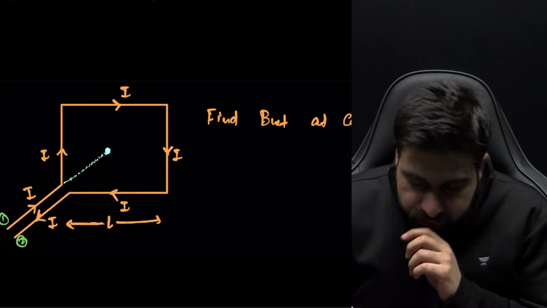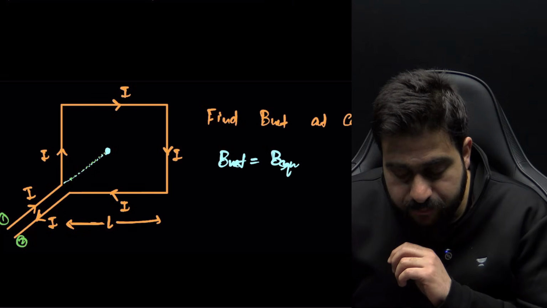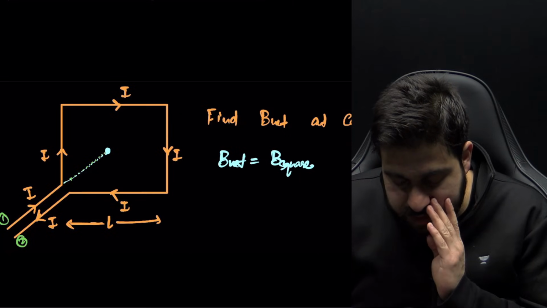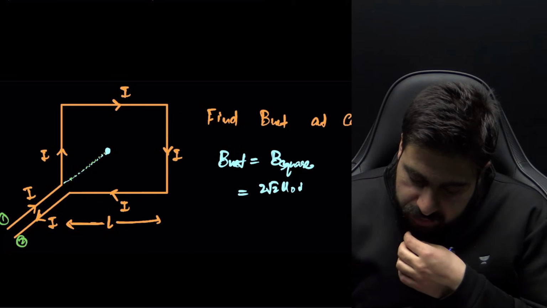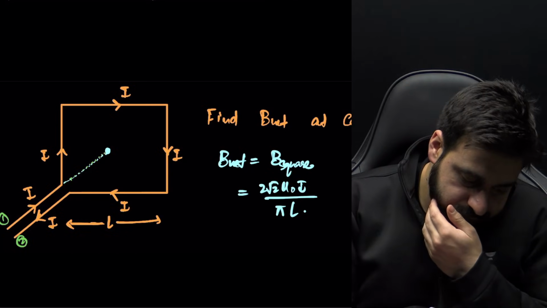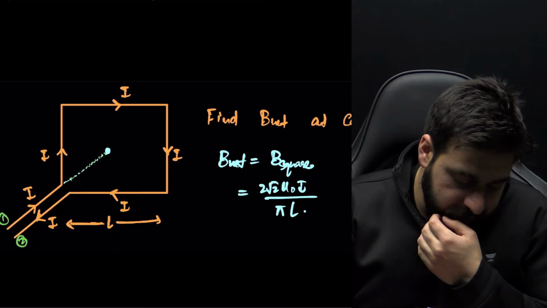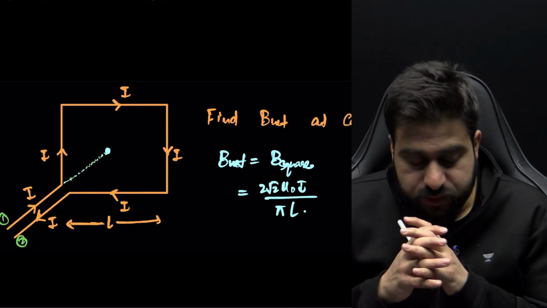So the net magnetic field will be the magnetic field due to the square. And what is the magnetic field due to the square? 2 root 2 mu naught I divided by pi into L. This is the magnetic field due to the square loop.